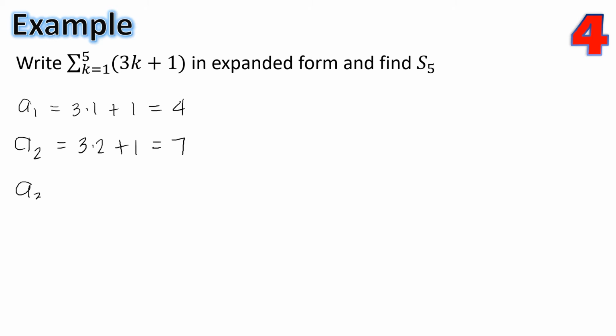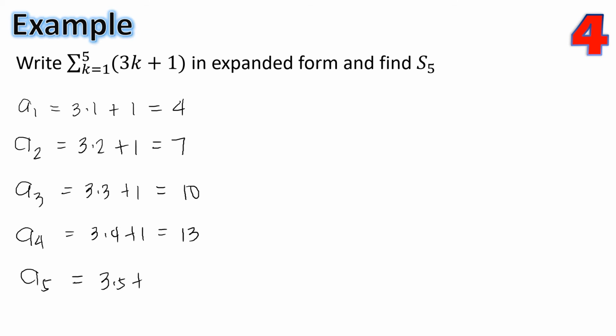And the third term will be 3 times 3 plus 1, that is equal to 10. And a sub 4 will be 3 times 4 plus 1, that is equal to 13. And a sub 5 is equal to 3 times 5 plus 1, equal to 16. Hence, the indicated sum for S sub 5 is equal to 4 plus 7 plus 10 plus 13 plus 16.